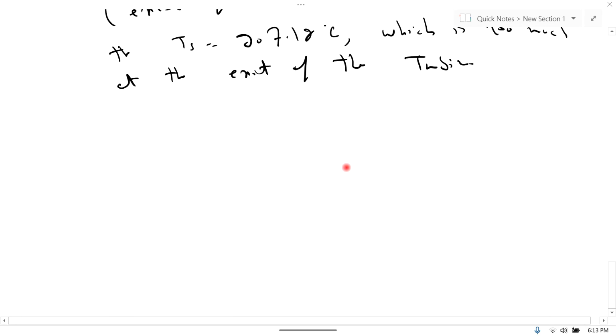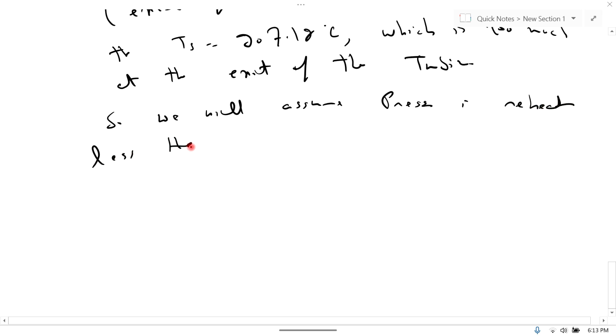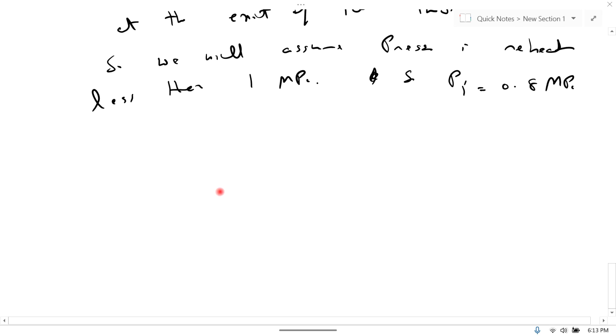It means that we will assume pressure in reheating less than 1 megapascal, and so pressure in reheating P1 dash is equal to 0.8 megapascal. You can assume it as 0.9 or 0.7, but here we assume 0.8 megapascal. Now we are finding the entropy and enthalpy at 0.8 megapascal and 320 degrees centigrade.